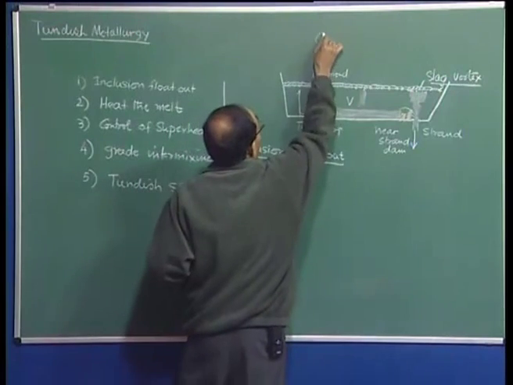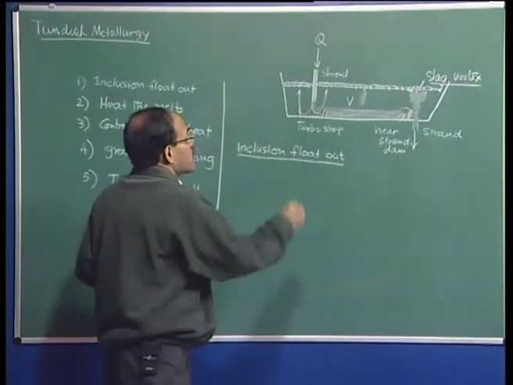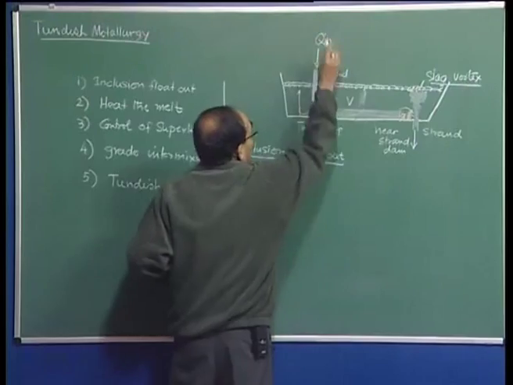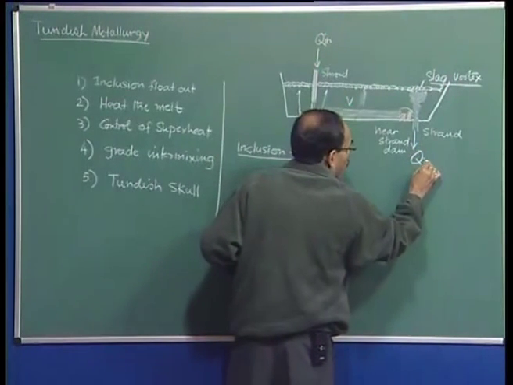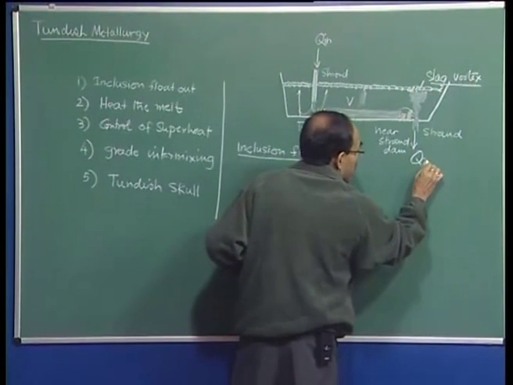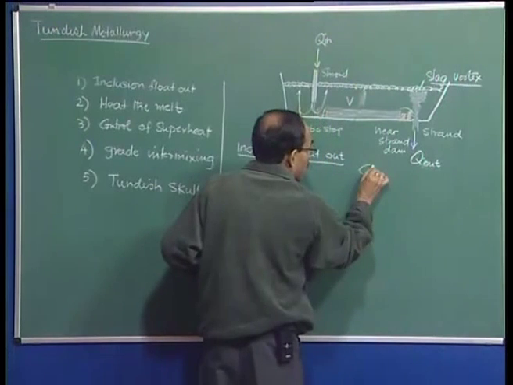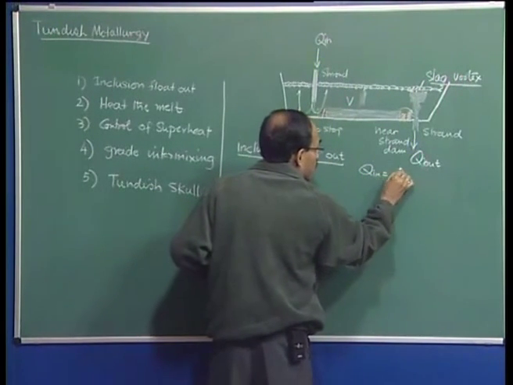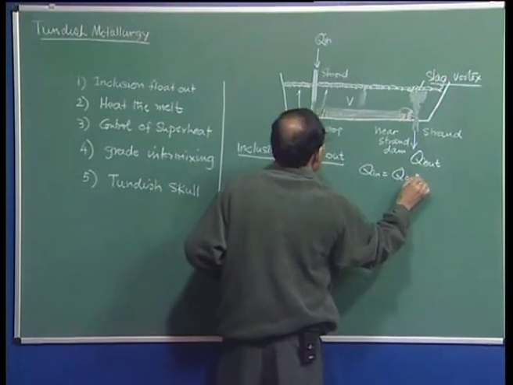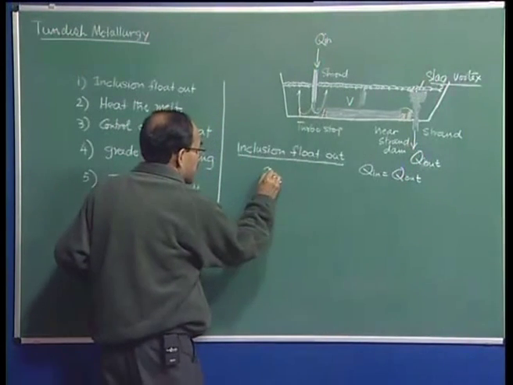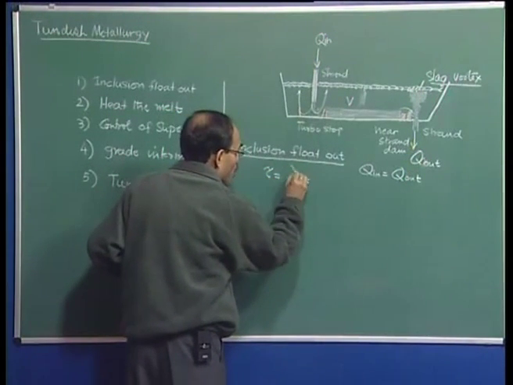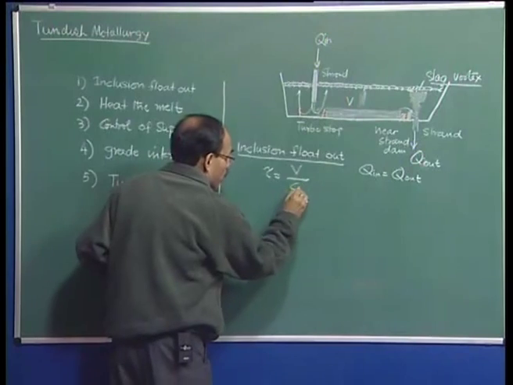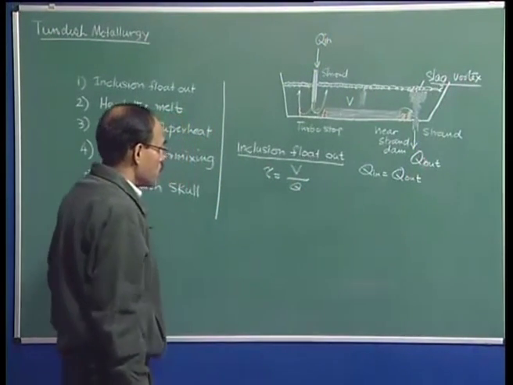And I have already told you that if Q represents the flow rate, the material balance or volume continuity requires that under steady state condition Q in is equal to Q out, and nominal residence time is equal to the volume of the tundish occupied by fluid divided by Q, that I have already told you.